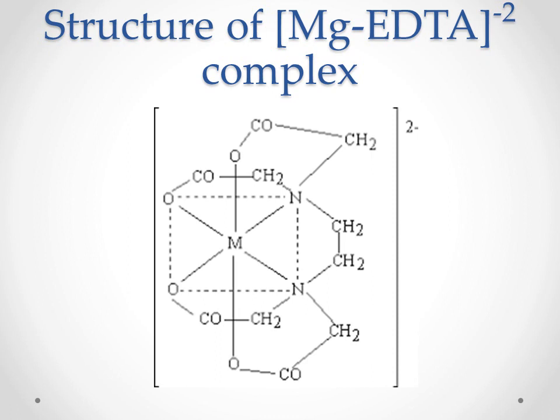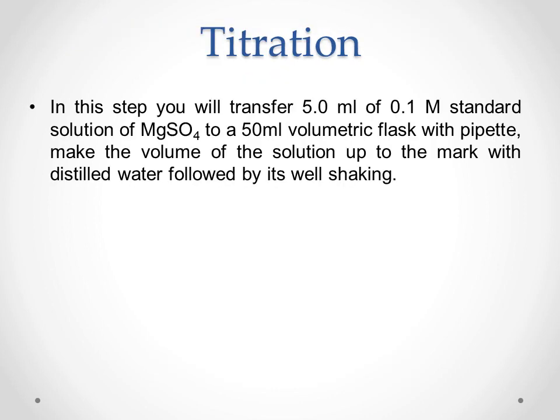Below you can see the structure of the magnesium EDTA complex. M is representing magnesium here, which is surrounded by the EDTA ligand, that is a stable complex in comparison to the magnesium indicator complex.